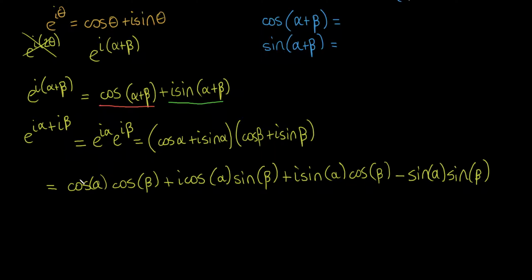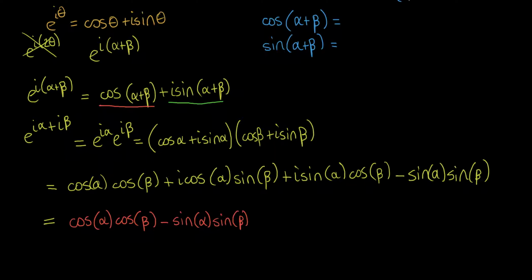And here we have really quite a monstrous expression, but we can simplify it down. We can group together the terms with the imaginary i multiplied into them, and the real terms. So let's do that. I can even write them in the corresponding colors that I underlined here. So in real, we have the cosine of alpha times the cosine of beta minus the sine of alpha times the sine of beta.